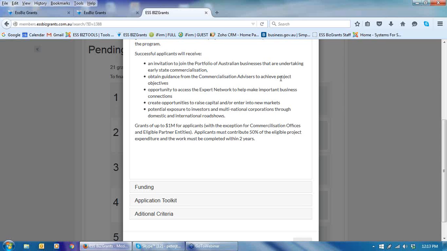Another very important point in this funding is that the government will fund the applicant up to the point of first commercial sale. Now, that's a sale made at what you consider or the client considers to be the realistic sale price. Normally that would need to be backed up by some market research.